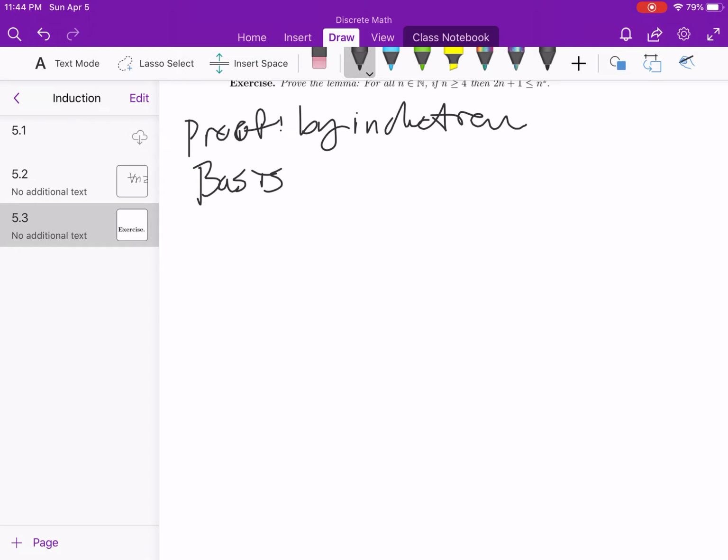So what's the basis? Well, since it looks like it's all integers, the basis I want to show, and I use a slightly different notation from the book, is that p of 0 is true.